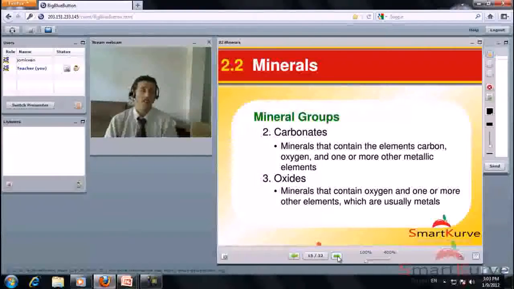So we get compounds like iron carbonate, sodium carbonate, and then the final group, oxide. These are minerals that contain oxygen and other elements which are usually metals, like iron oxide, just one iron atom and one oxygen atom, iron oxide, which we commonly know as rust.